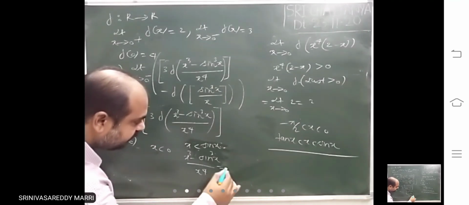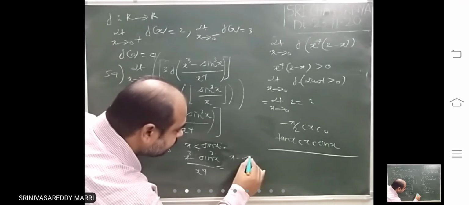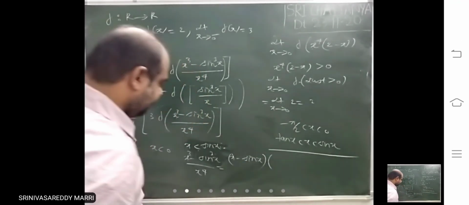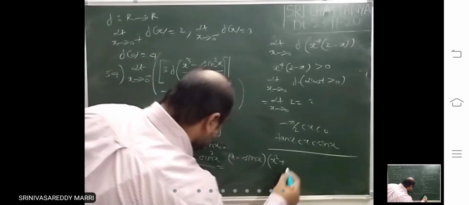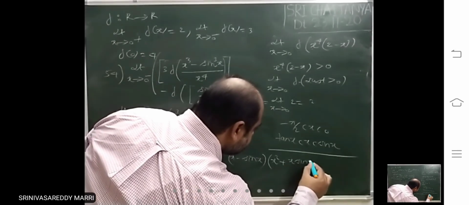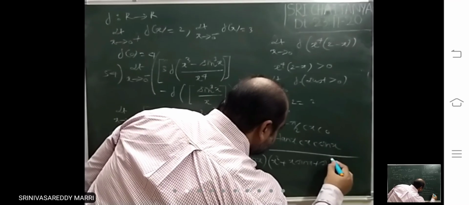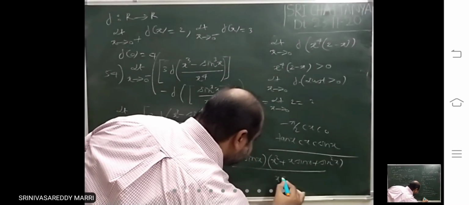A cube minus b cube, if you write, is x minus sine x into x square plus ab plus b square, divided by x power 4.